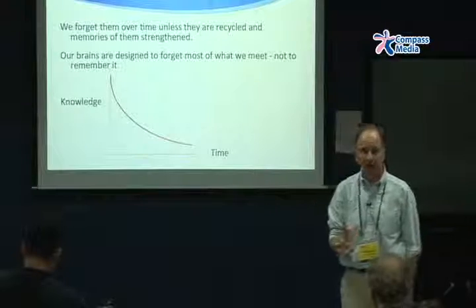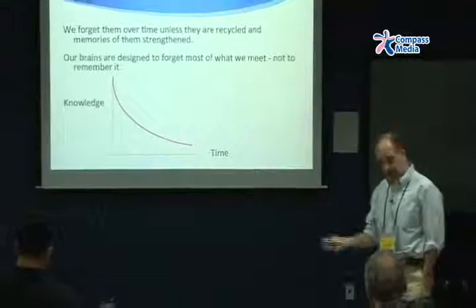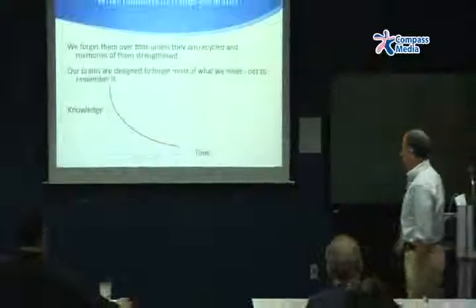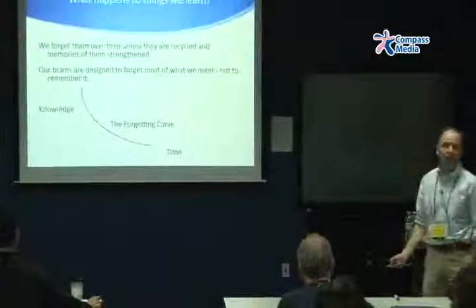These will disappear over time unless we meet them again. This finding is very strong. It's one of the strongest findings in psychology. We've known about this for 150 years. But we don't often fight the forgetting curve.